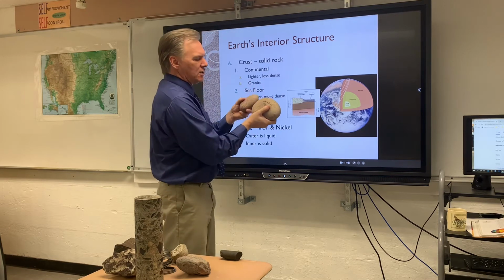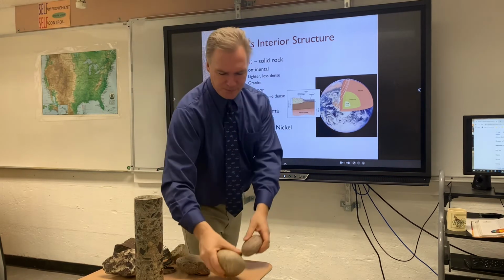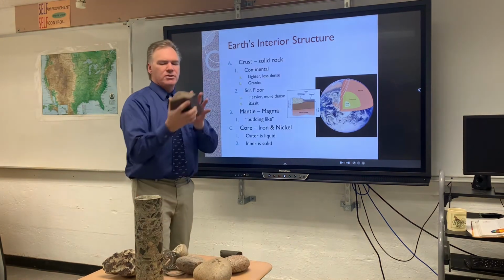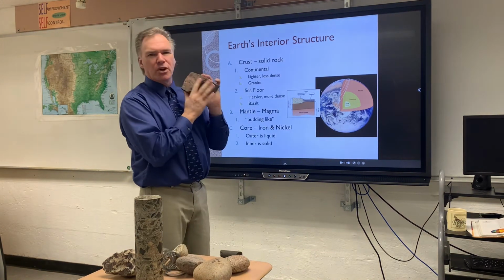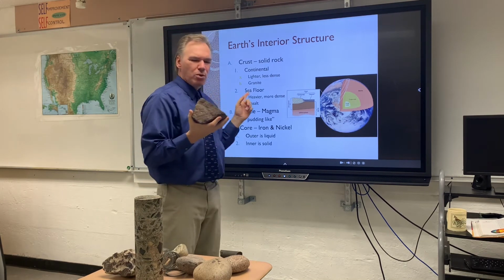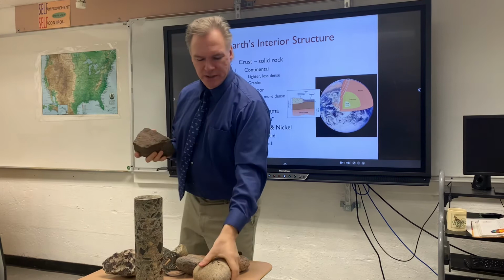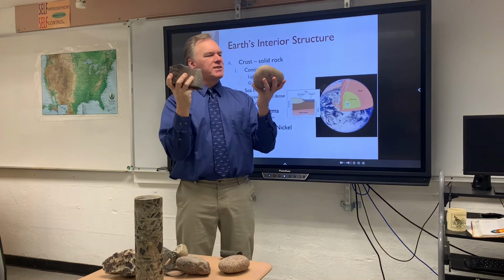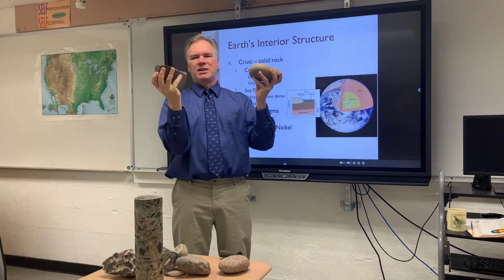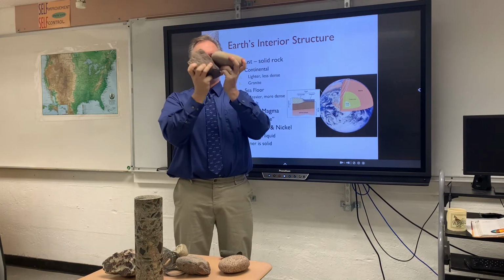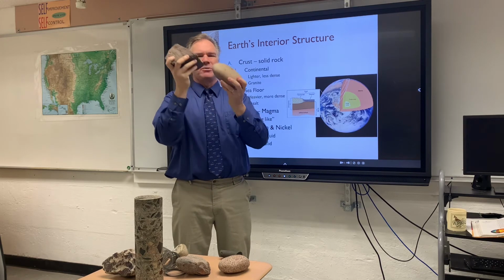It's lighter colored because it has a lot of silica in it. In contrast, the ocean floors are made up mostly of this basalt rock, which is darker colored. Even more important than the color is that the ocean crust is more dense than the continental crust. And because of that, whenever these two collide, the ocean crust always gets pushed under.